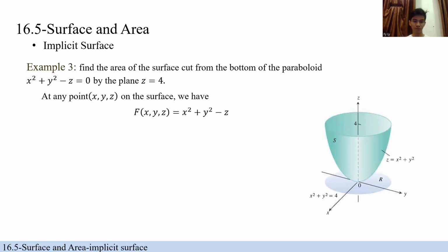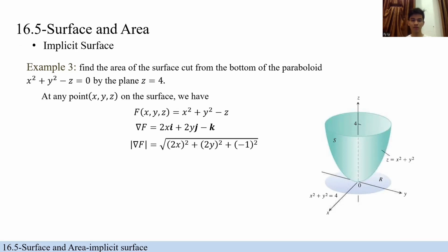So the function is f(x, y, z) equal to x squared plus y squared minus z, and the gradient of f means we take the derivative with respect to x, y, and z. So it's equal to 2x i plus 2y j hat minus k hat.